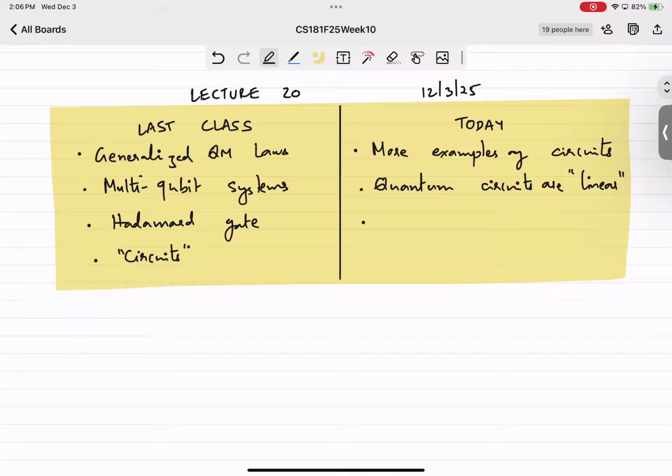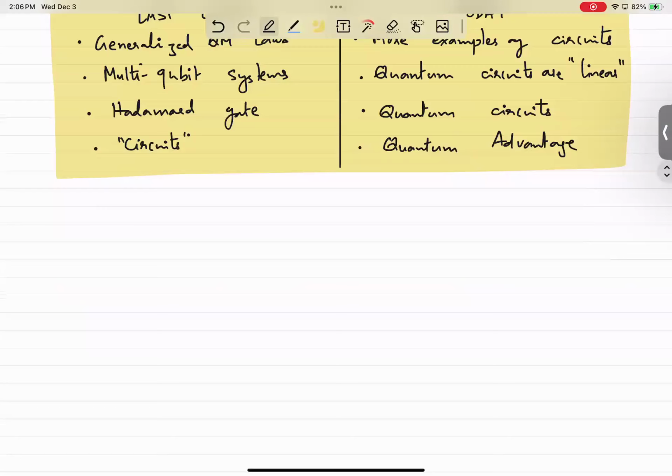And finally, we will be able to define our model of quantum circuits. And then if we have time, I will talk about quantum advantage. Hopefully I'll say some of the most prominent results and highlight the common pitfalls and how they're phrased in popular media. And then maybe if time permits, I'll do one concrete example.